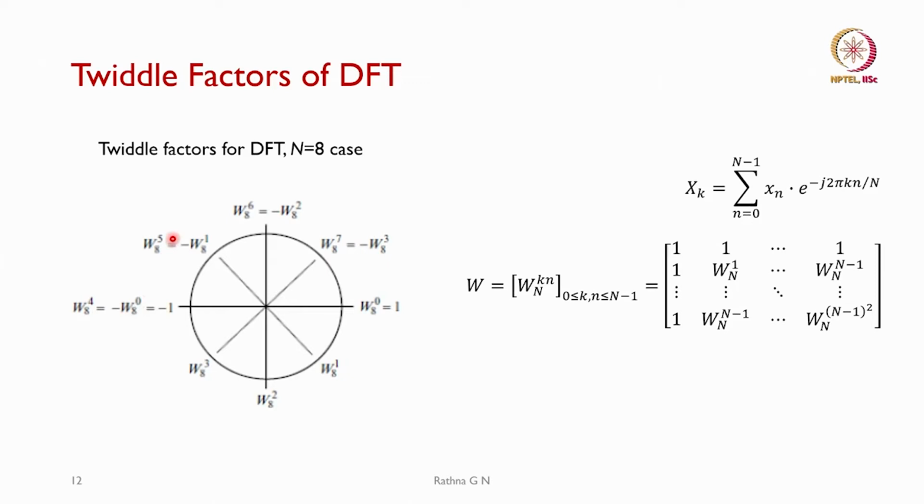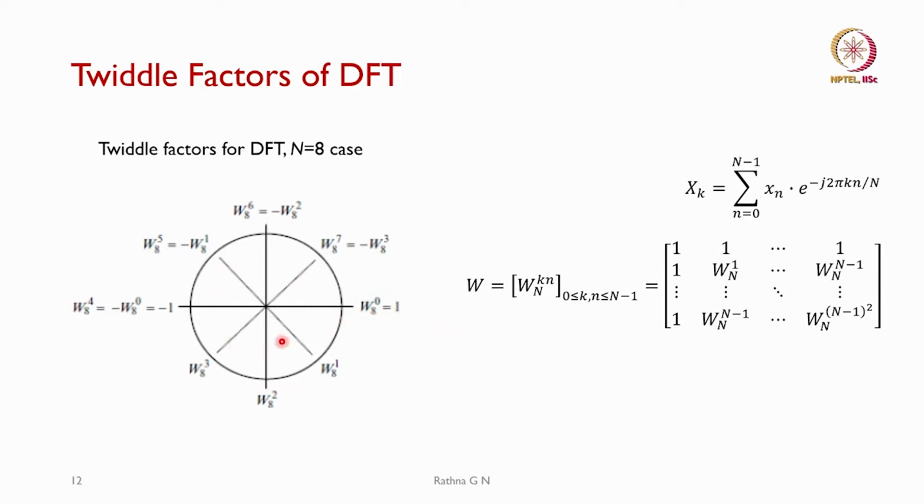Then we know W 8 5 is equal to minus W 8 1, and W 8 6 will be equal to minus W 8 2, and when we come to W 8 7 it comes out to be minus W 8 3. And when it becomes W 8 8, just now we said W N N is equal to W N 0, so W 8 8 is equal to W 8 0, equal to 1.